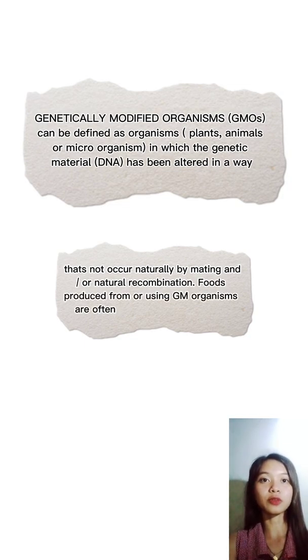Foods produced from or using GM organisms are often referred to as GM foods. An organism whose genome has been engineered in the laboratory in order to favor the expression of desired physiological traits or the generation of desired biological products.